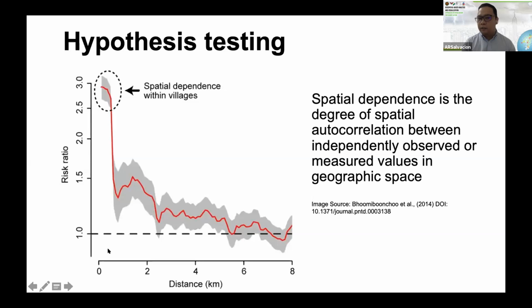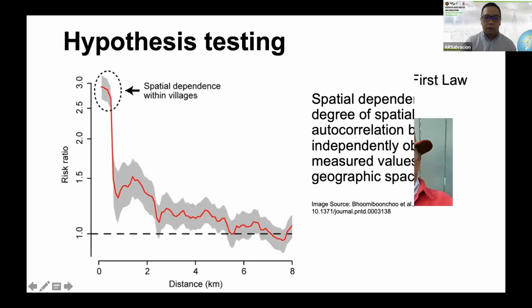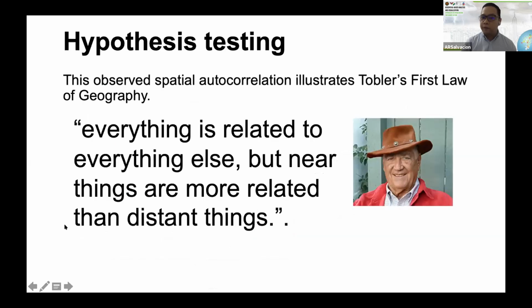To do hypothesis testing, let's do that. Because in GIS or in geography, there's what we call spatial dependence. Waldo Tobler, the father of geography, said, everything is related to everything else, but near things are more related than distant things. Actually, you could see this, for example, in real estate.